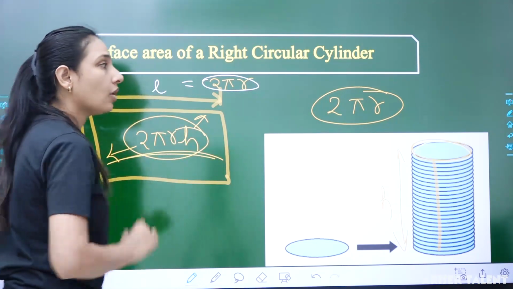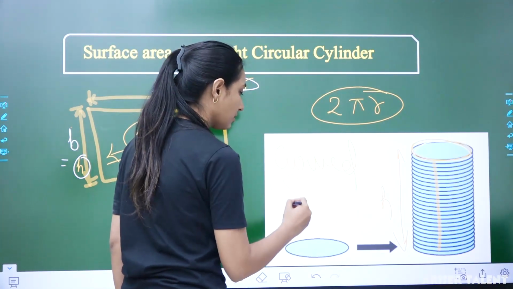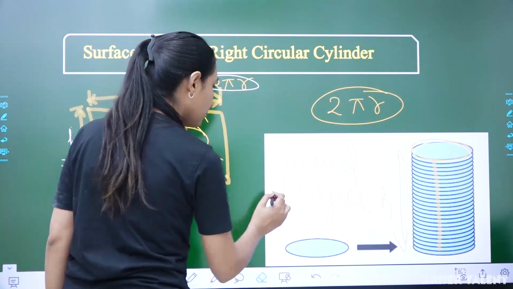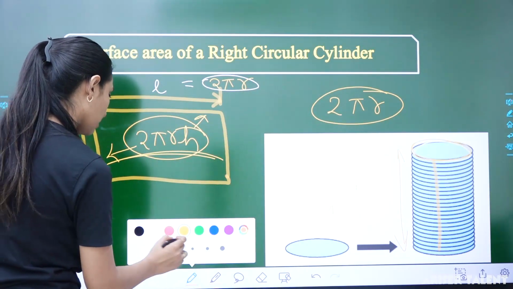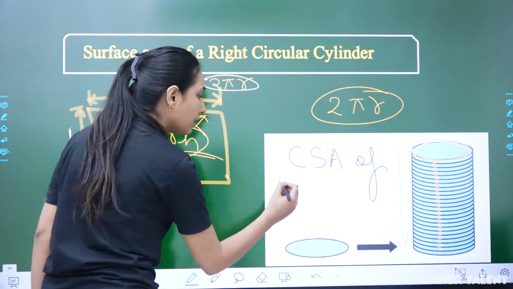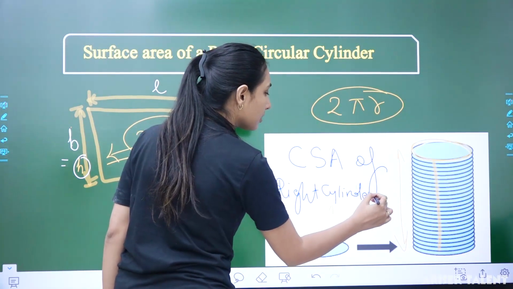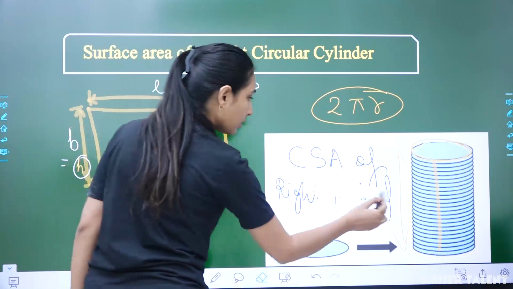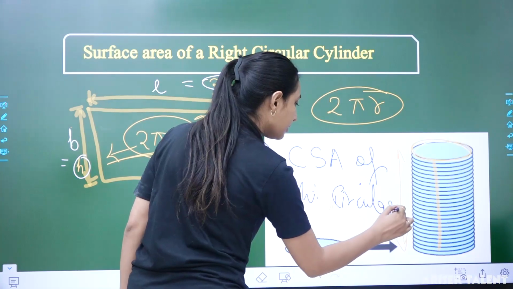So that will be the curved surface area of a right circular cylinder.